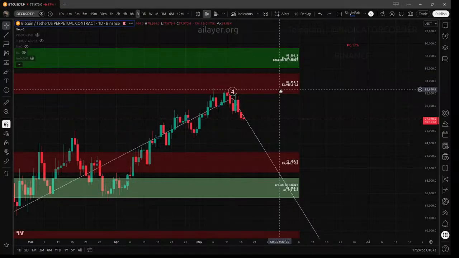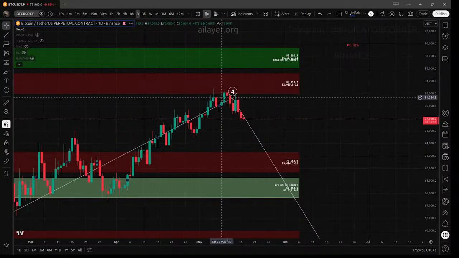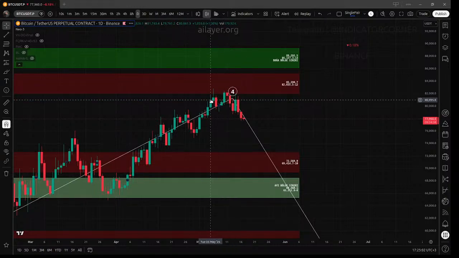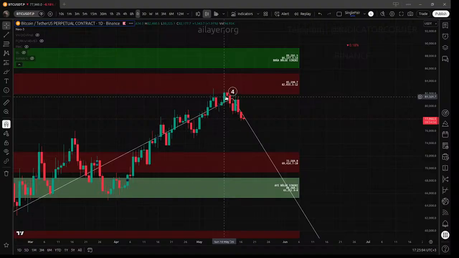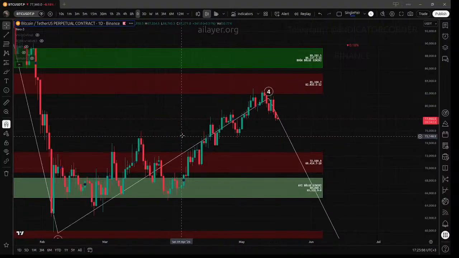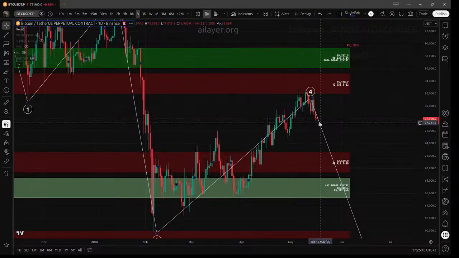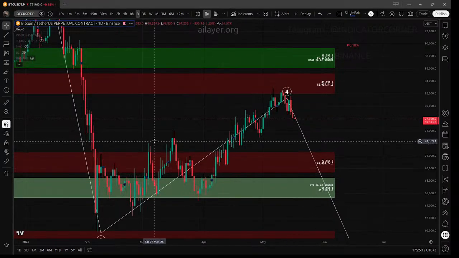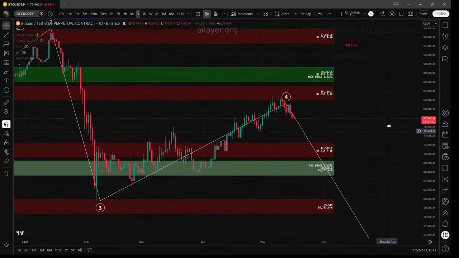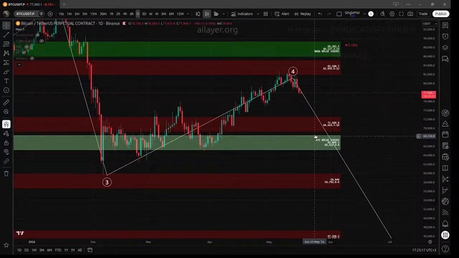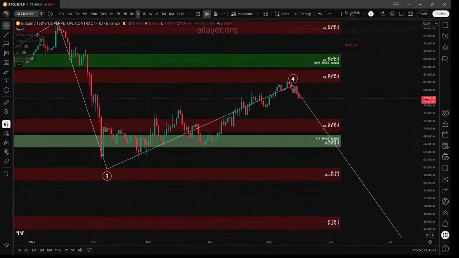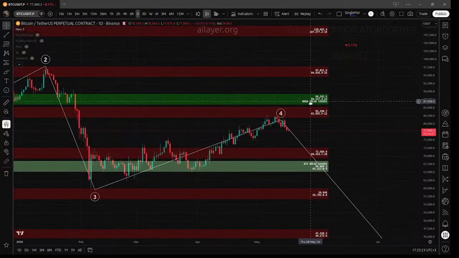This rejection is important because the move into the region lacked stable acceptance. Price moved here aggressively, yes, but could not establish equilibrium. Can you see the equilibrium balance here? Bear support area, bull area.